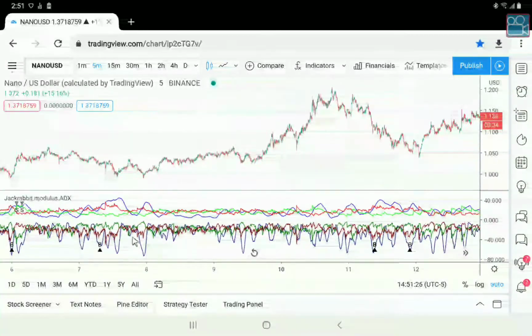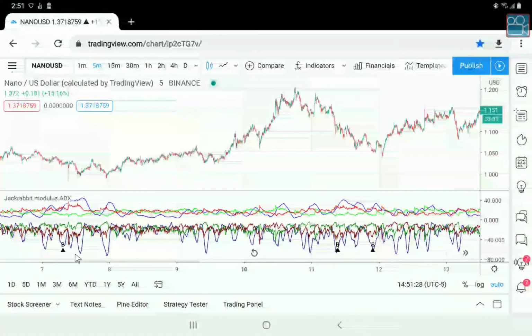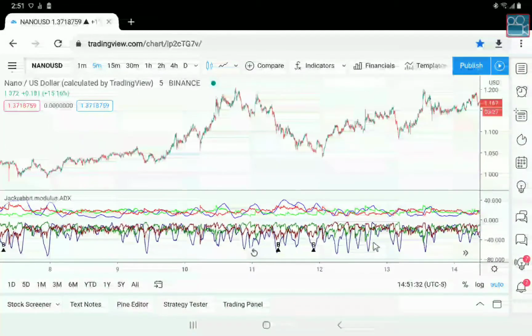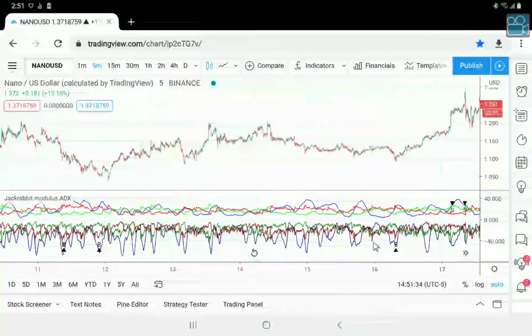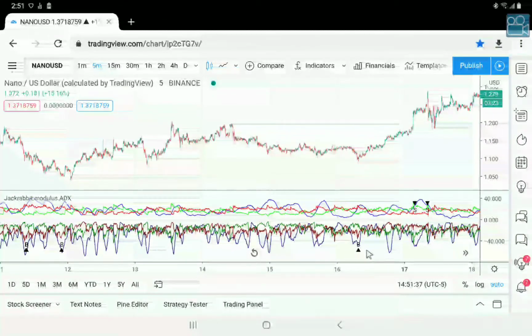For example, this particular one is going to accumulate 1, 2, 3, 4 different buys and then one sell signal. So it's going to average 4 positions into one sell.